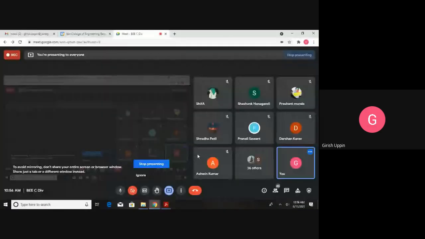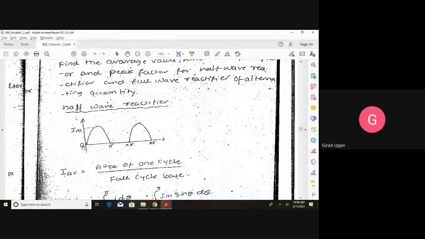Anybody? Okay, so this is an unsymmetrical waveform because the positive half cycle and negative half cycle are not exactly the same.